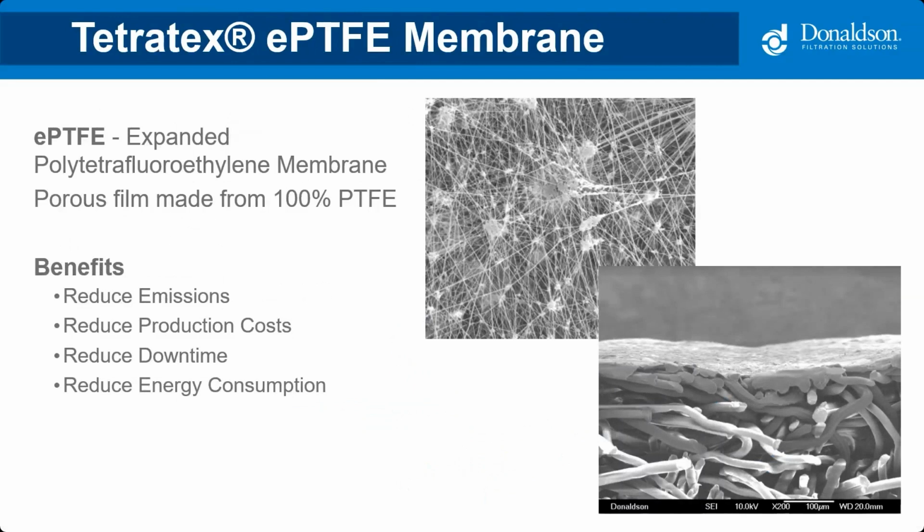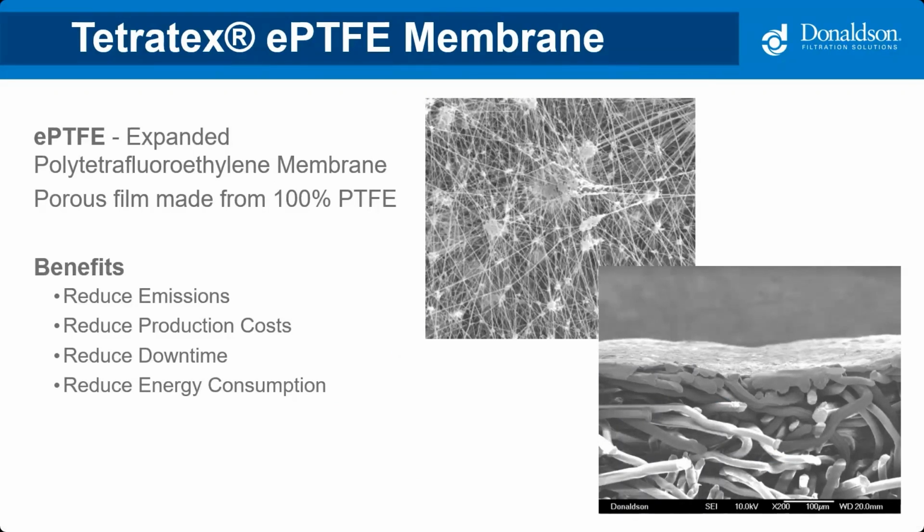Expanded polytetrafluoroethylene. That's fun. What is expanded polytetrafluoroethylene membrane? Go back, might get in trouble, use a couple words that maybe I shouldn't use. Polytetrafluoroethylene was first invented by DuPont. They called it Teflon. And what do you get when you take this polytetrafluoroethylene and stretch it and laminate it to a material?